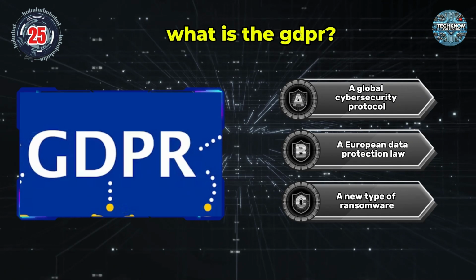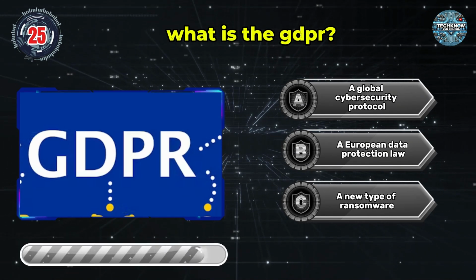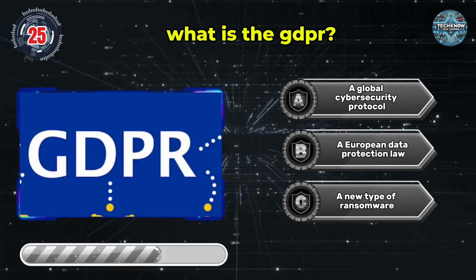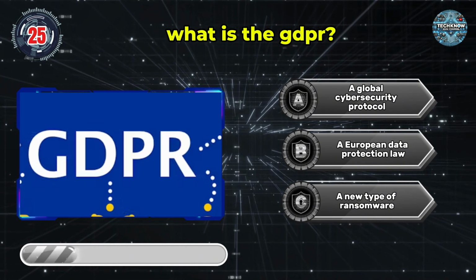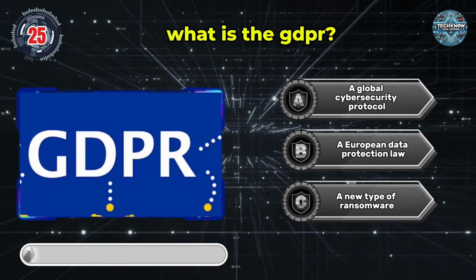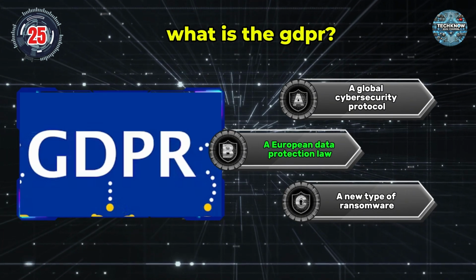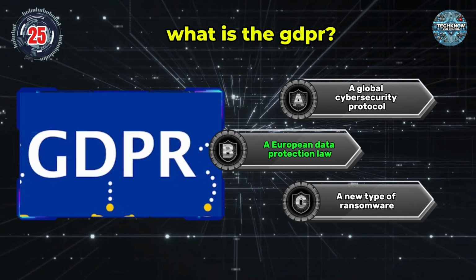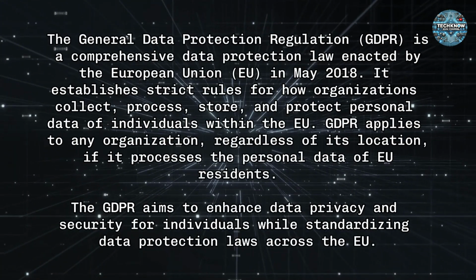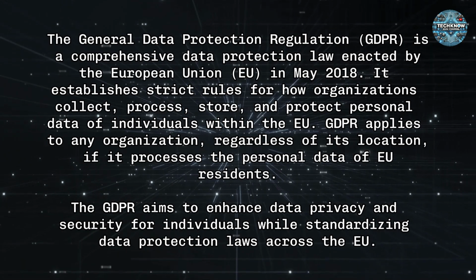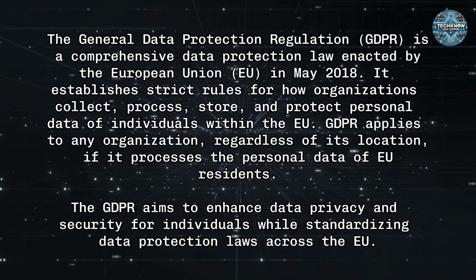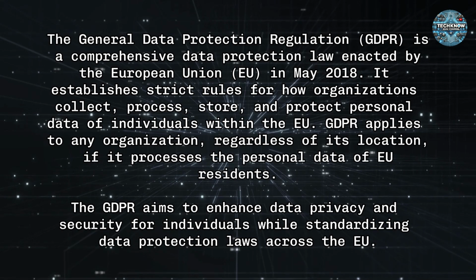What is the GDPR? A European data protection law. The General Data Protection Regulation, GDPR, is a comprehensive data protection law enacted by the European Union, EU, in May 2018.